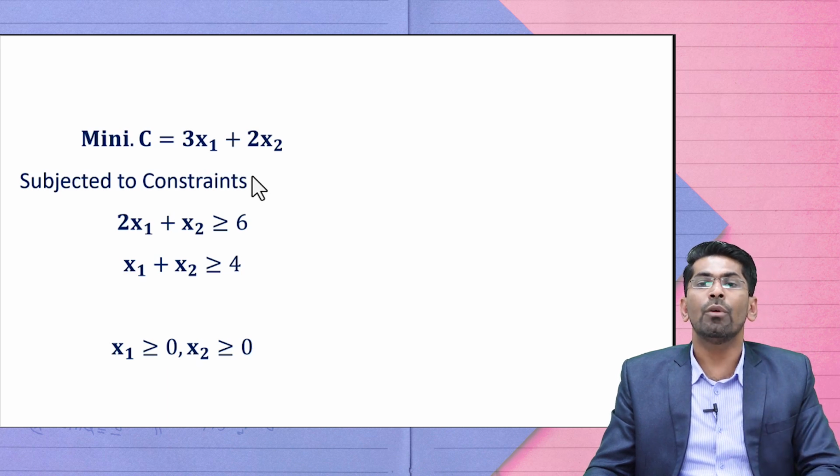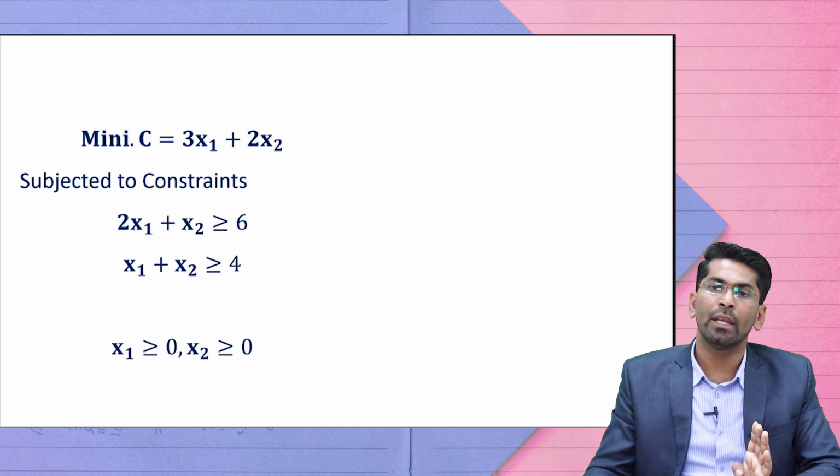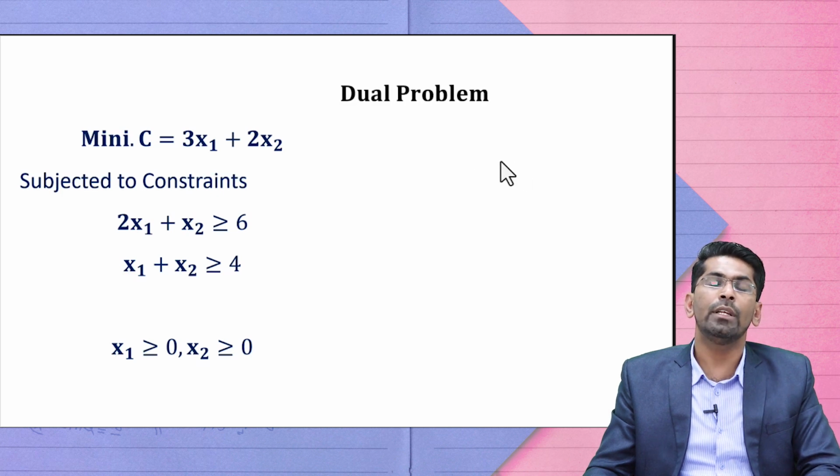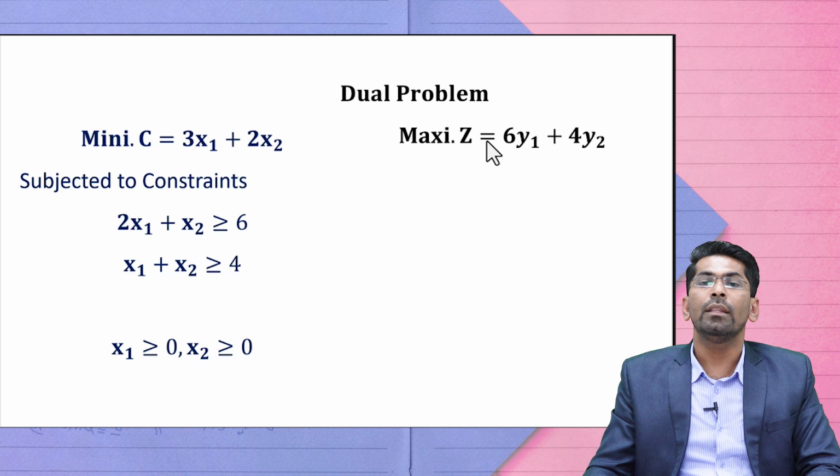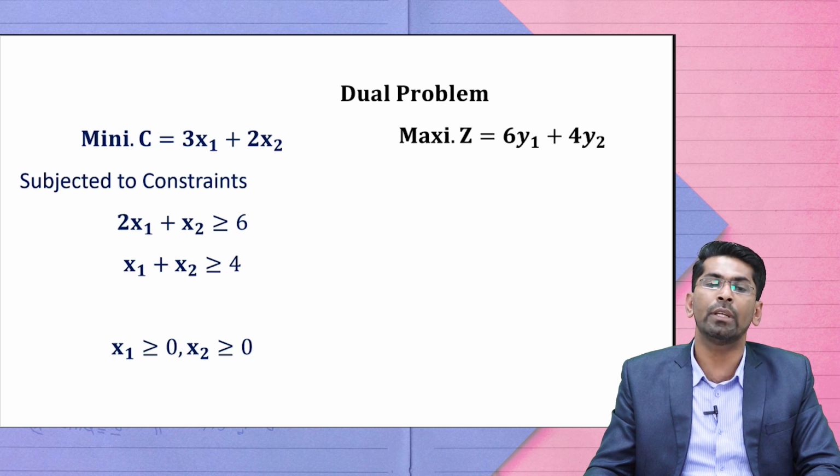For that, first we know the objective function in the primal is minimization, so our dual will be maximization. So, here I am going to specify our dual problem, that is maximization of Z, that is maximization of profit. Then the column vector of the constants from the primal constraints is transposed to the row vector of coefficients for the objective function in the dual.